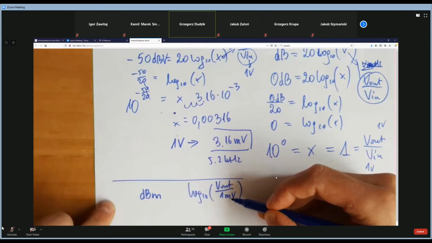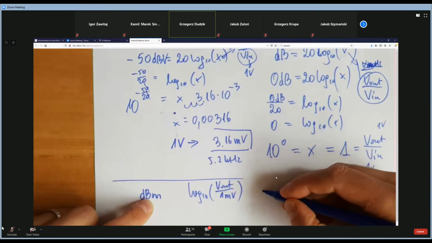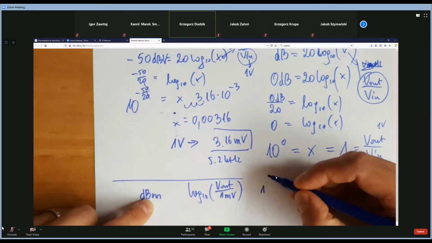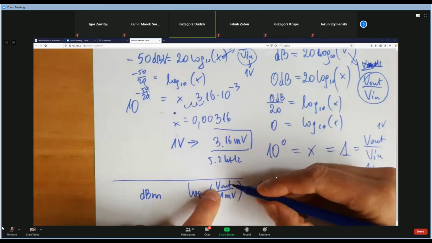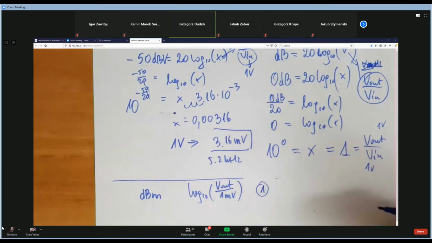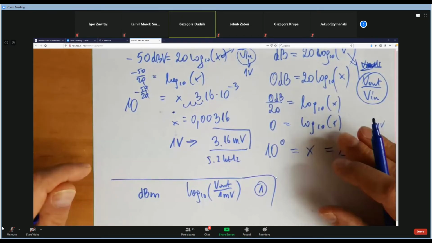And 0 dBm is the same as 1, but according to 1 millivolt. So in fact, V out is 1 milli. But it is just, by the way, information for you.